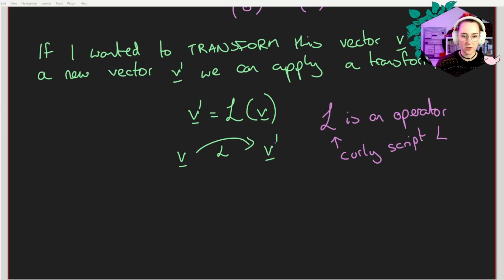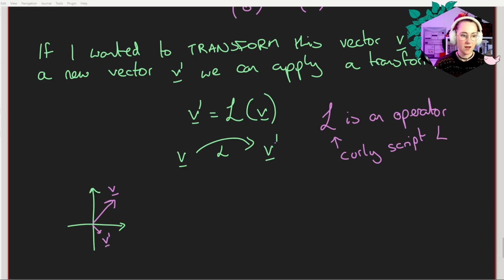Then essentially what that does is it takes our vector v and moves it in the plane to some new position, so if this is v, let's say v prime is actually down here.